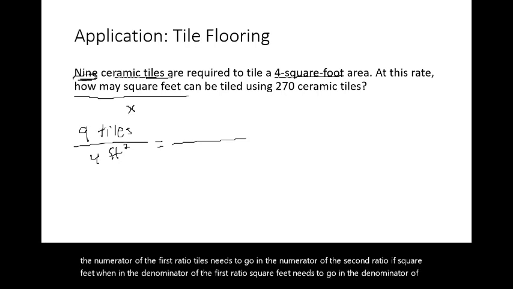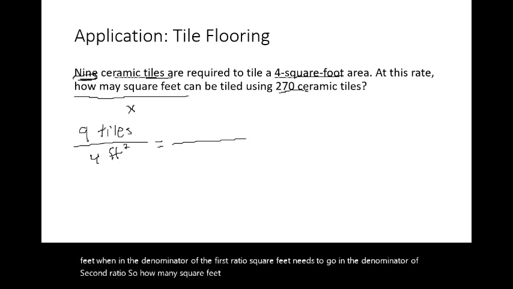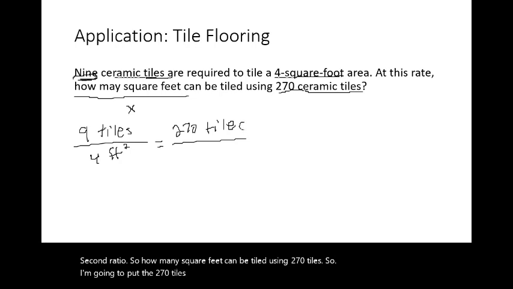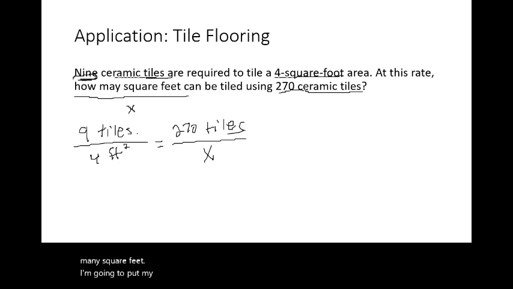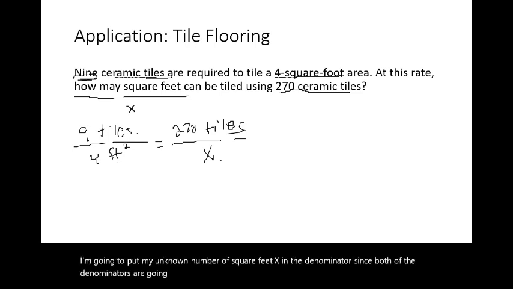So how many square feet can be tiled using 270 tiles? I'm going to put the 270 tiles in the numerator since both numerators should contain tiles. How many square feet? I'm going to put my unknown number of square feet x in the denominator since both of the denominators are going to contain square feet. So then I'm going to cross multiply.